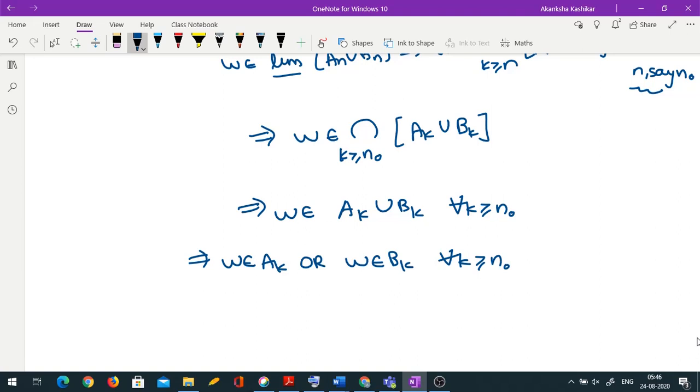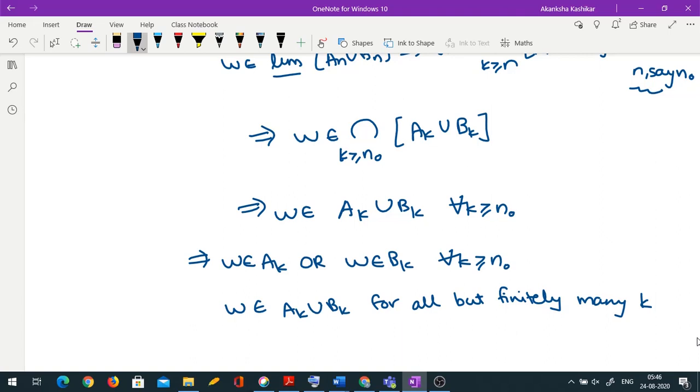Now, what does this mean? This means that omega belongs to ak union bk for all but finitely many k's. Okay, omega belongs to ak union bk for all but finitely many k's.